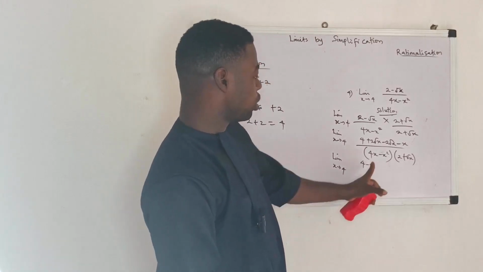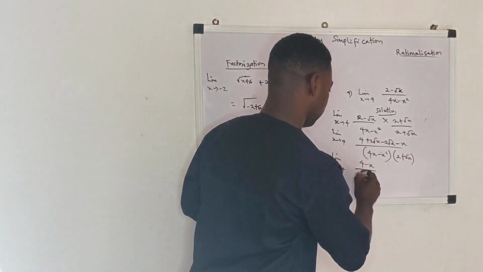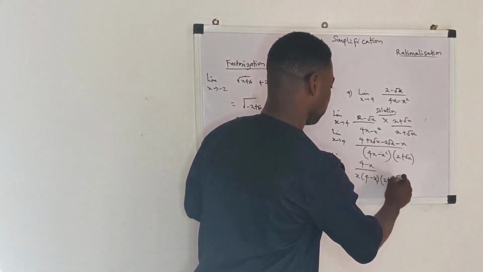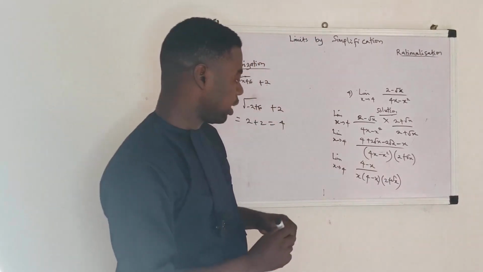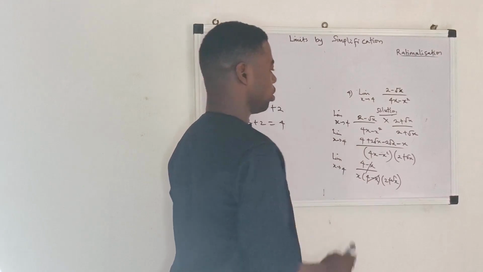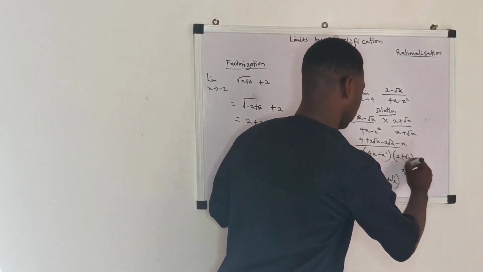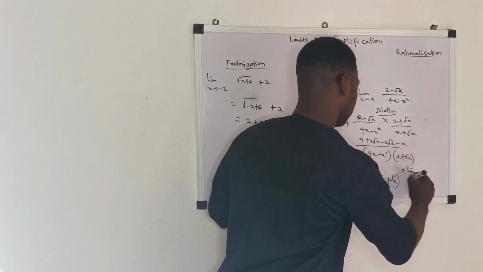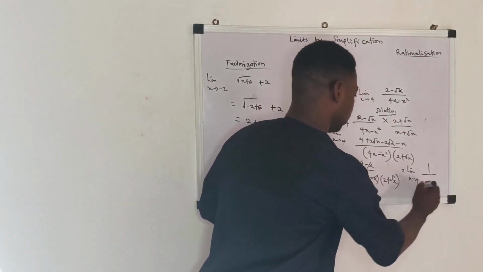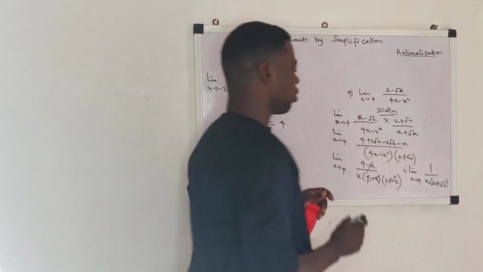From the denominator, I can factor out x, and I get x times 4 minus x, and then 2 plus root x, right? So 4 minus x can cancel out, and you're left with the limit as x approaches 4 of the function 1 divided by x times 2 plus root x.